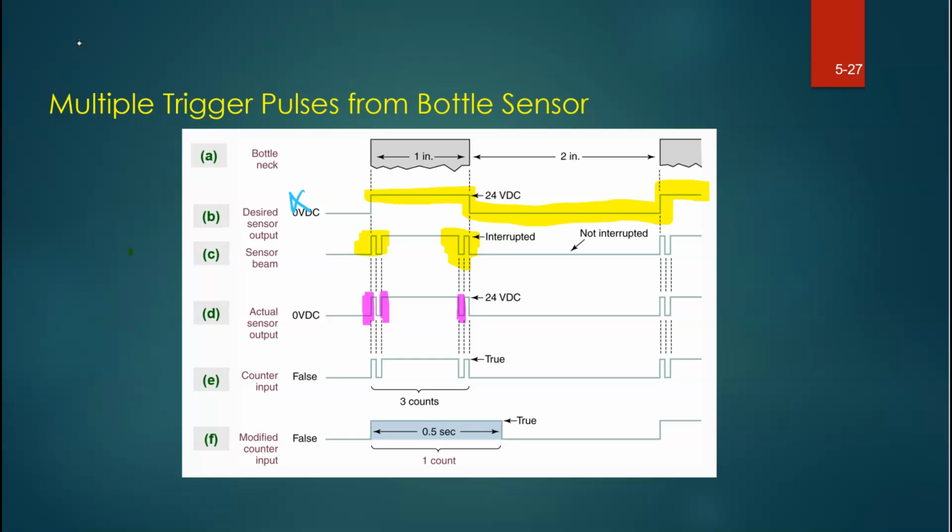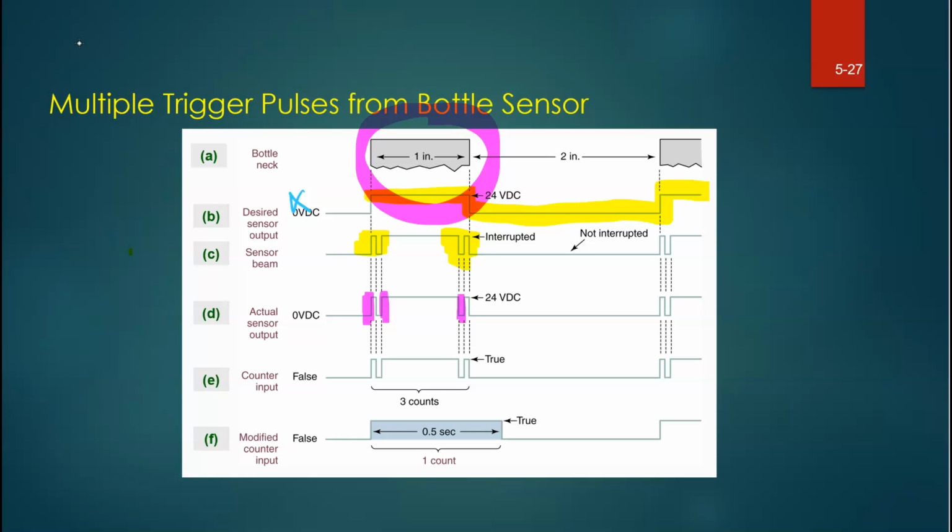Even though we have only one bottle in front of our sensor, the counter will count 3 times because of those fake transitions. So in this scenario, we want to make sure that these transitions are sealed, and that the instability of the input signal does not cause an unstable counter. So changes should be masked by a sealing instruction.